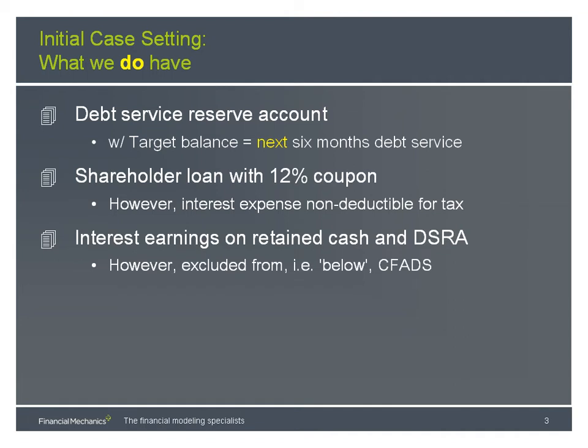However, we are making those interest earnings subordinate, i.e. below or excluded from cash flow available for debt service. That's not entirely uncommon, particularly for retained cash. It will depend, of course, on the loan agreements for the particular deal. But this, you're starting to see, is another area that does in fact cause these sculpting iterations to become circular. So that's what we've got going into things.